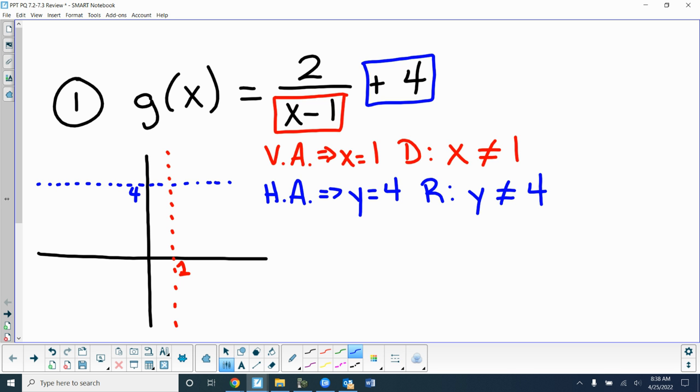You put a 4 right there if you want, showing me that you understand that. And then our graph is the branches here. And asymptotes, remember, are lines that your graph will not touch. So my green graph, this branch, will not touch the red or the blue dashed line. And then this one here, this branch, same thing.